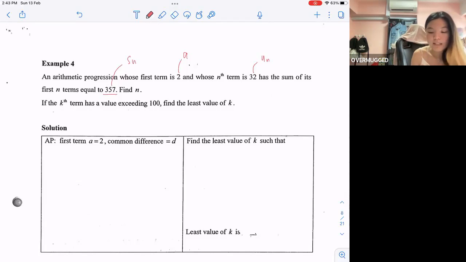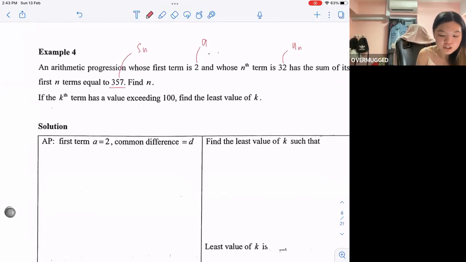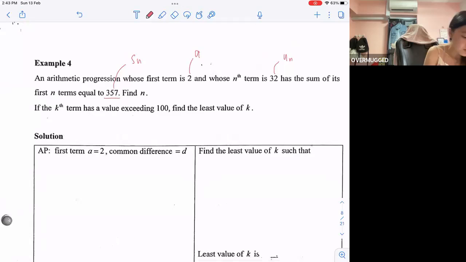So again, our A is 2, our common difference, we're not sure, we just put it as D. I will use all the clues in the question. So I will start with my Sn, which is 357, from the question.